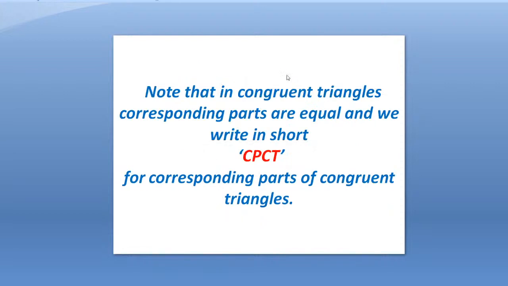Note that in congruent triangles, corresponding parts are equal and we write in short CPCT for corresponding parts of congruent triangles.